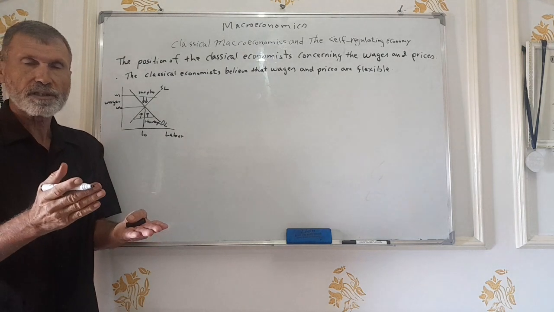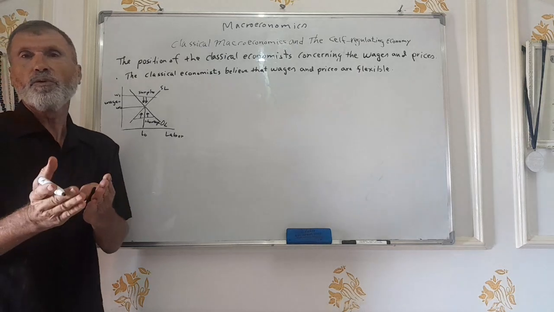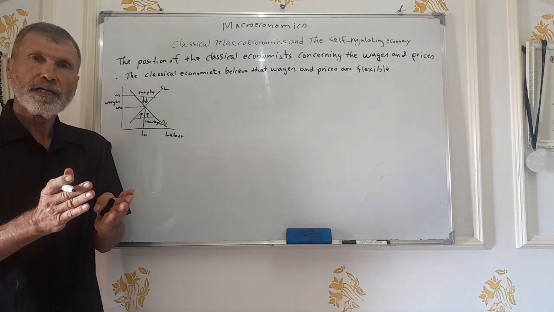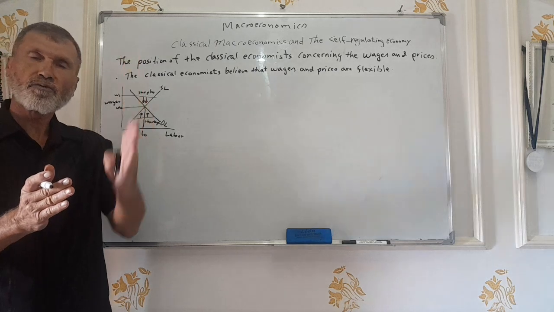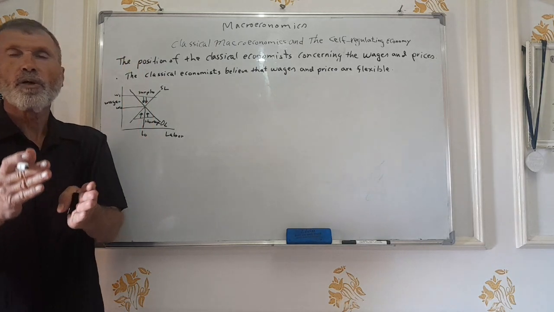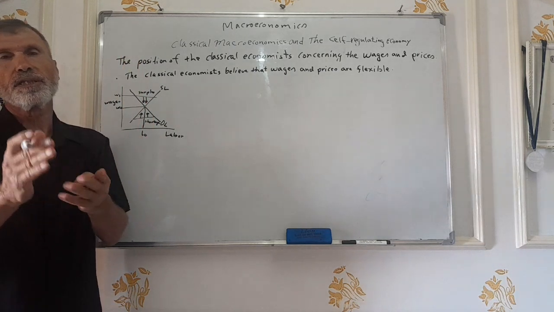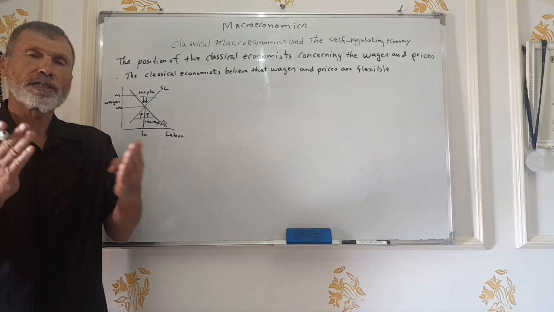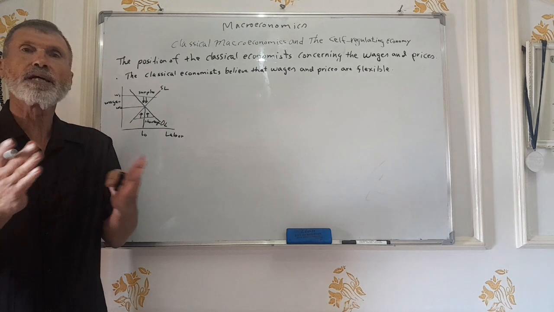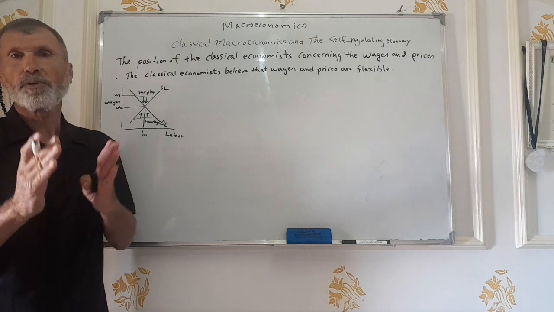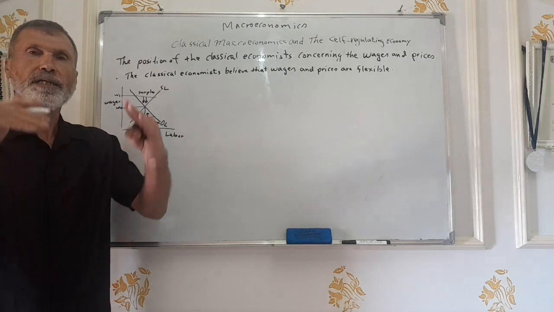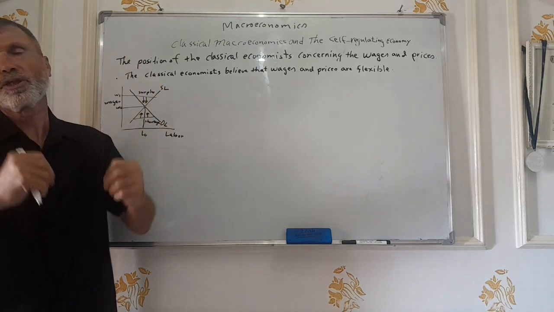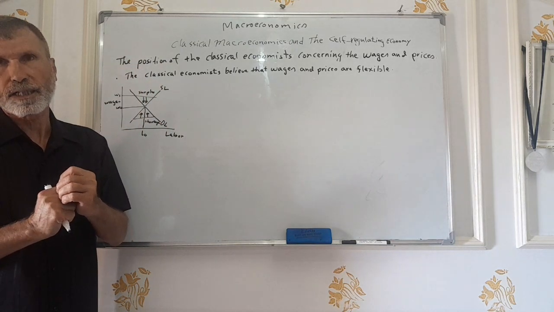So therefore, as you can see, the view of the classical economists is that the wage rate will rise or fall in response to any shortage or surplus in the labor market, because they believe that the shortage and surplus in the labor market is temporary.